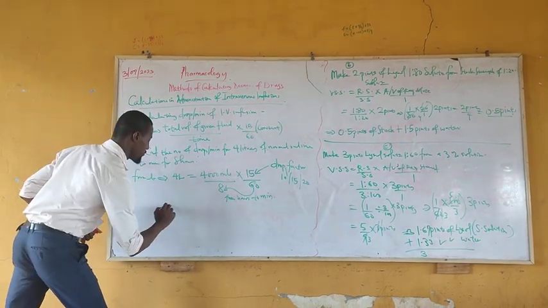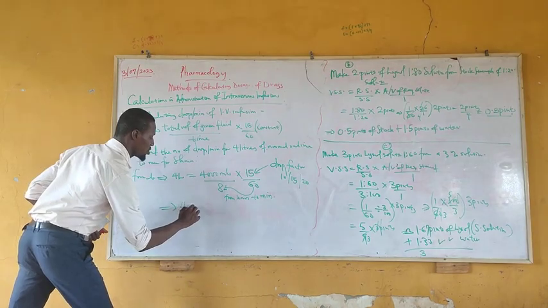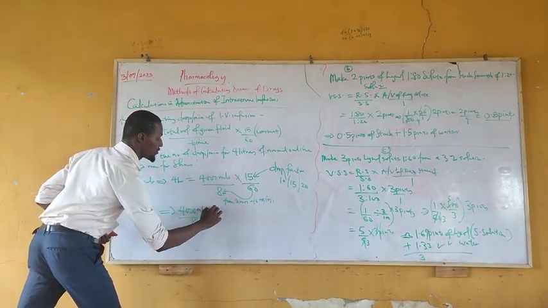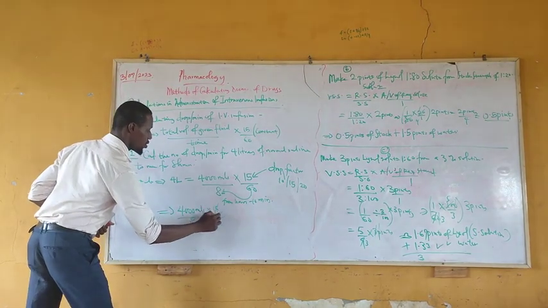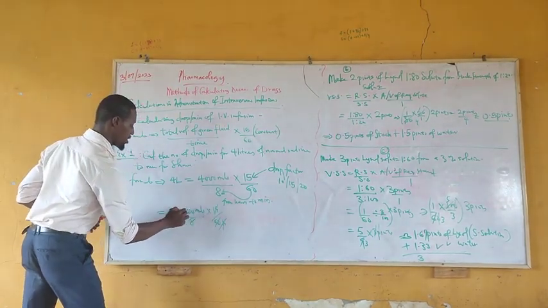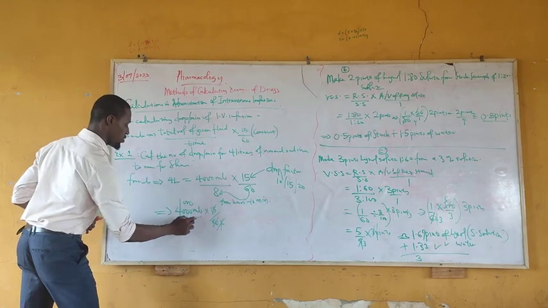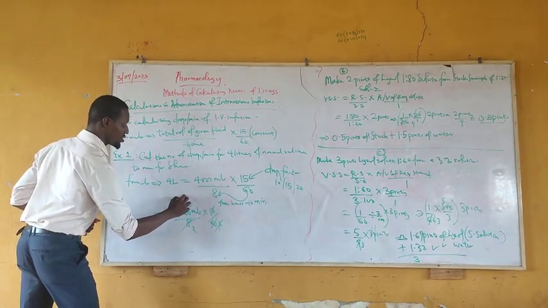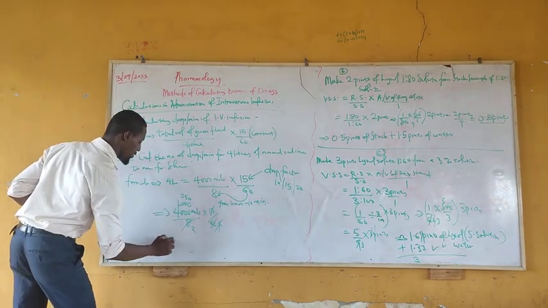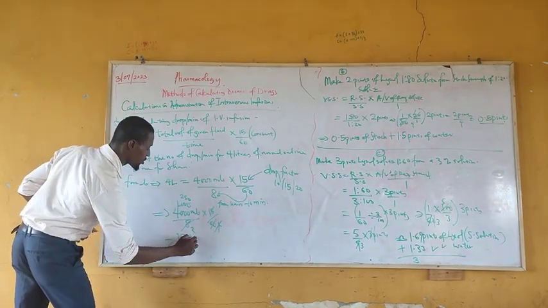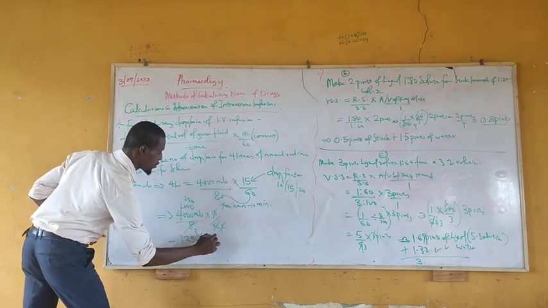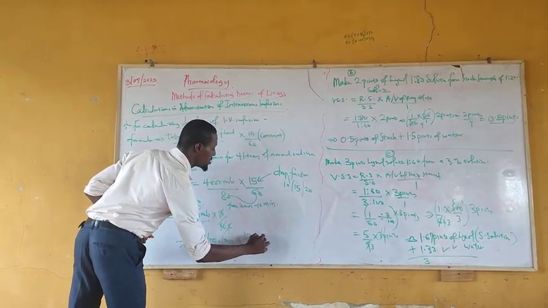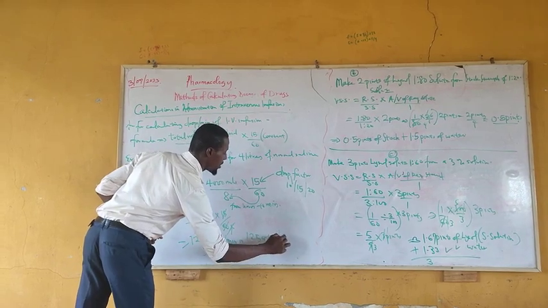If we extract this, we have 4,000 mils over 8 times 15 over 60, 1 over 4, 4 here 1,000, 4 here 2, 4 here 250. So what we have is 125 drops per minute, or 125 GTT per minute.